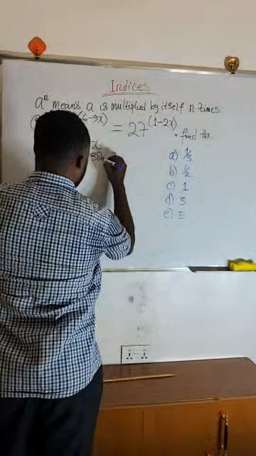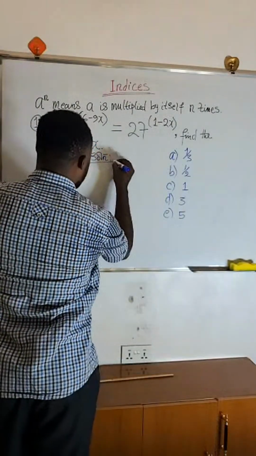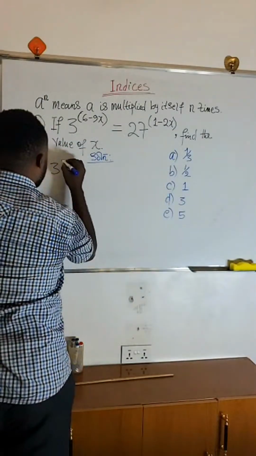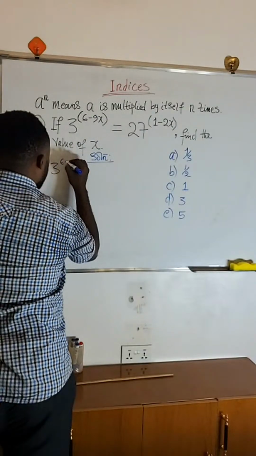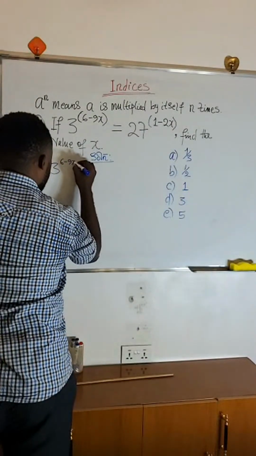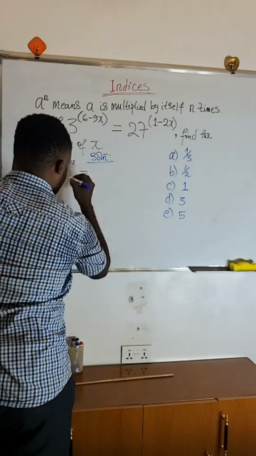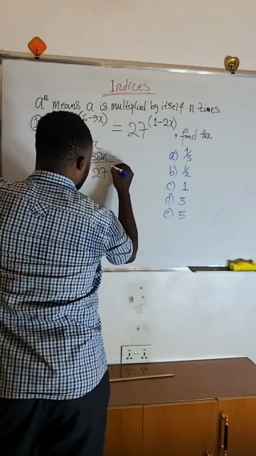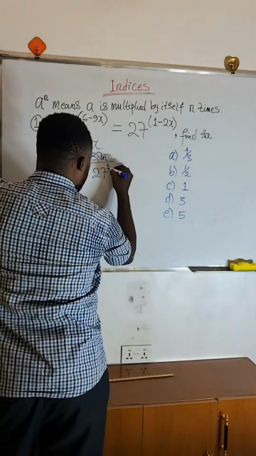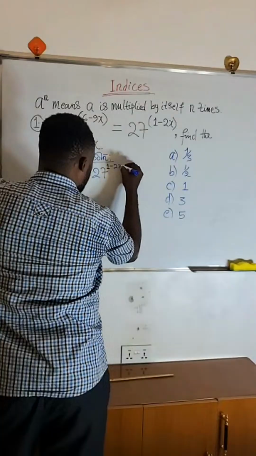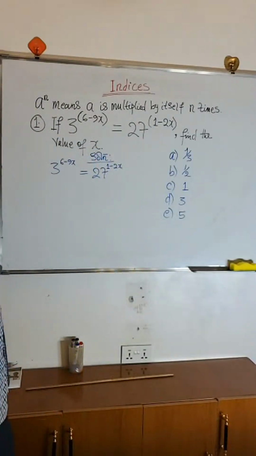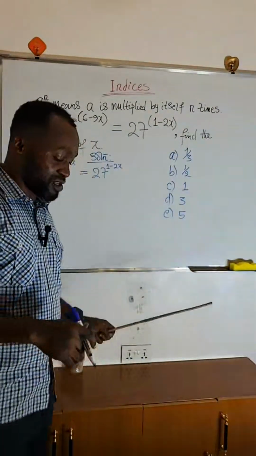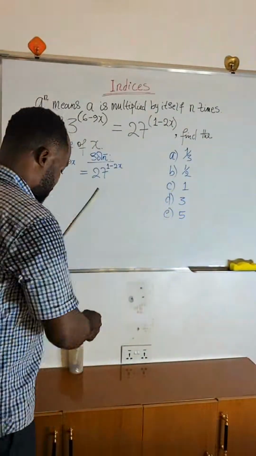Okay, so let's solve it together. We have 3 raised to the power of 6 minus 9x equals 27 raised to the power of 1 minus 2x. That's the question. Let me give you one trick concerning all of these questions.